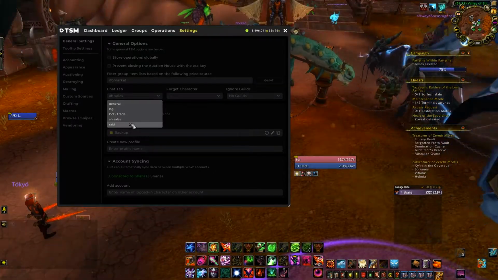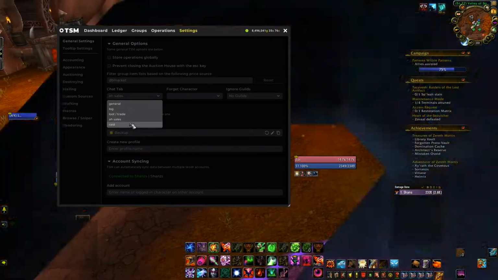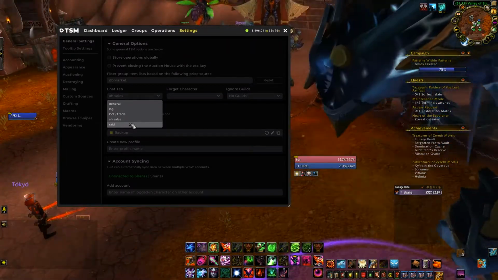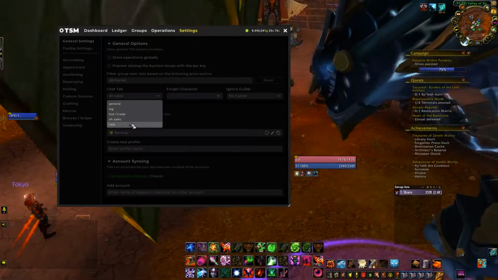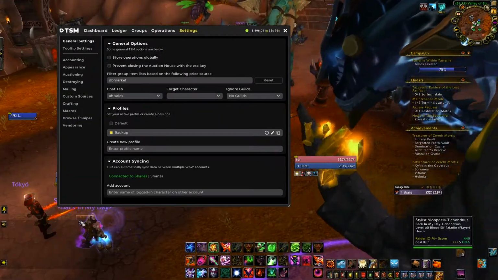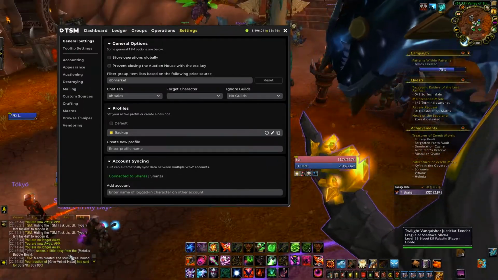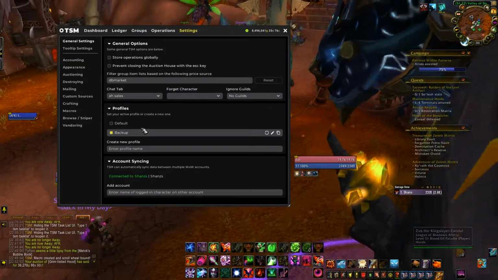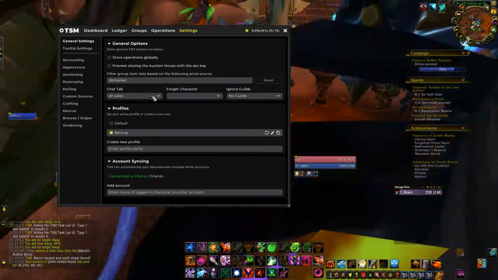Don't freak out about that. If it says you sold a level 7 legendary for 5,000 gold, but you put it up for 50,000 gold or whatever, it's going to be right. Then you just select which tab you want that stuff to go to. I have this tab which only has that stuff essentially, and if I go okay, it tells me that. So pick whatever you'd like, of course.